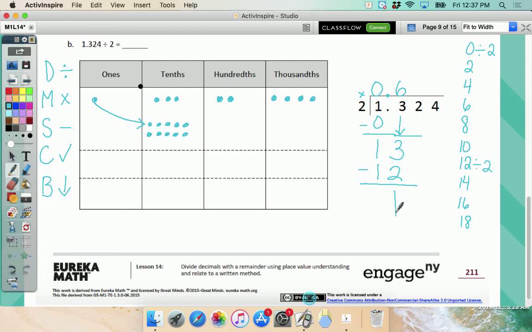Now, when I divide by 2 and I got 6, I should have put 6 dots here. Did anybody already do that? Sorry, I forgot. And I've already subtracted. How many did I subtract? 12. So that should give me 1 left over.